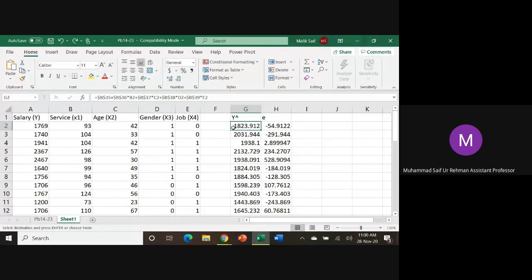So this is the value that we have obtained using the first equation, where we used x1, x2, x3 and x4, but their first value. Then their second value, third value, fourth value, up to 30 values. So 30 equations and 30 answers are there. And then the residuals are there, and we have confirmed that the residuals are same as was required.